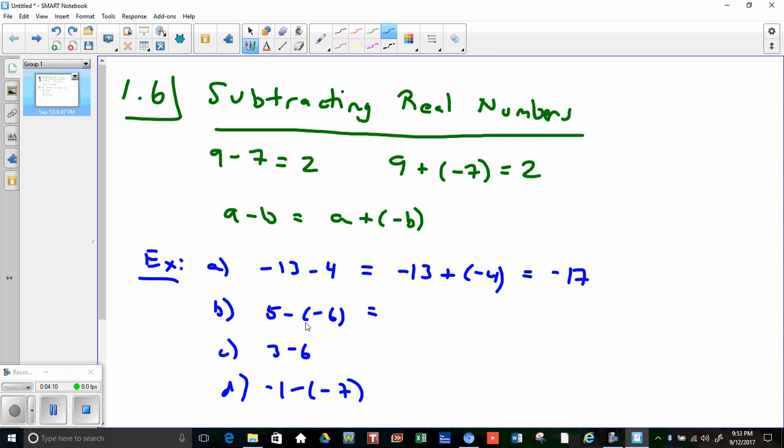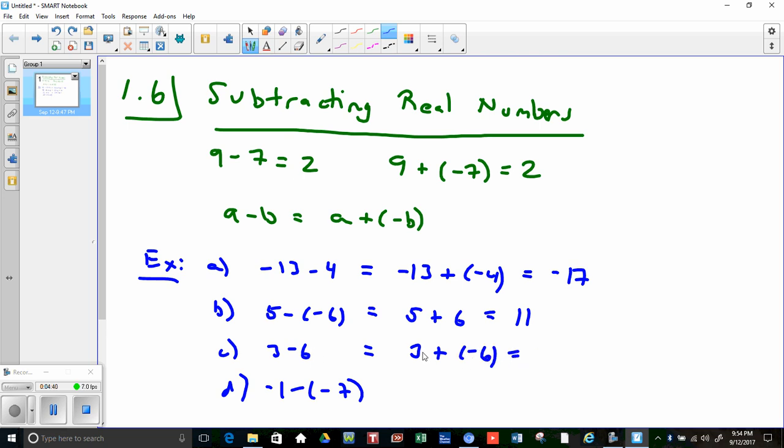Okay, let's change the second one into an addition problem. So it stays 5. Change this to a plus, and then the opposite of negative 6, which is 6. So that is just 5 plus 6, which is 11. Add the opposite. So we'll start at 3. I'm going to change the minus to a plus, and then the opposite of 6 is negative 6.